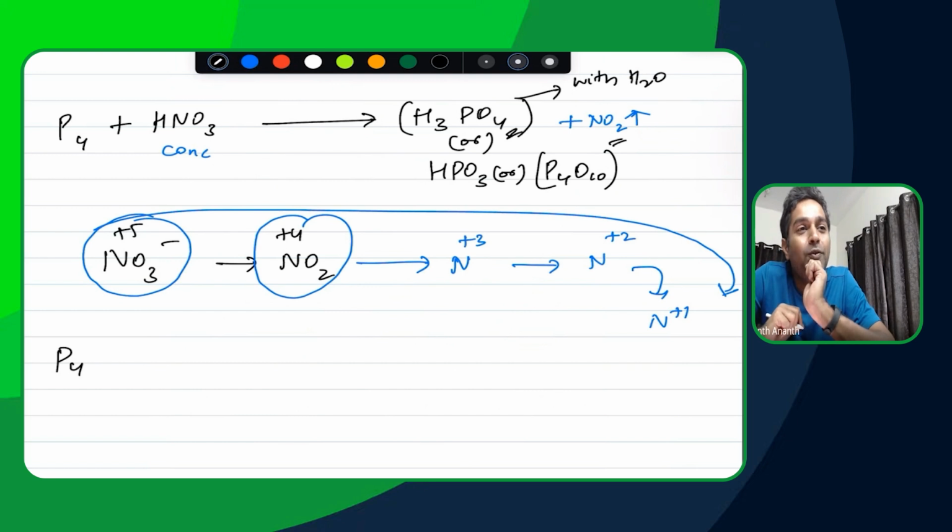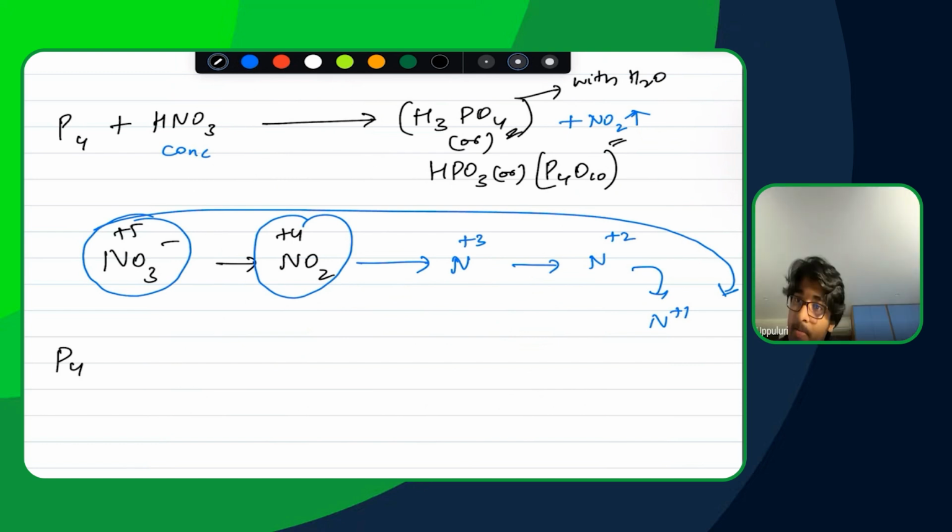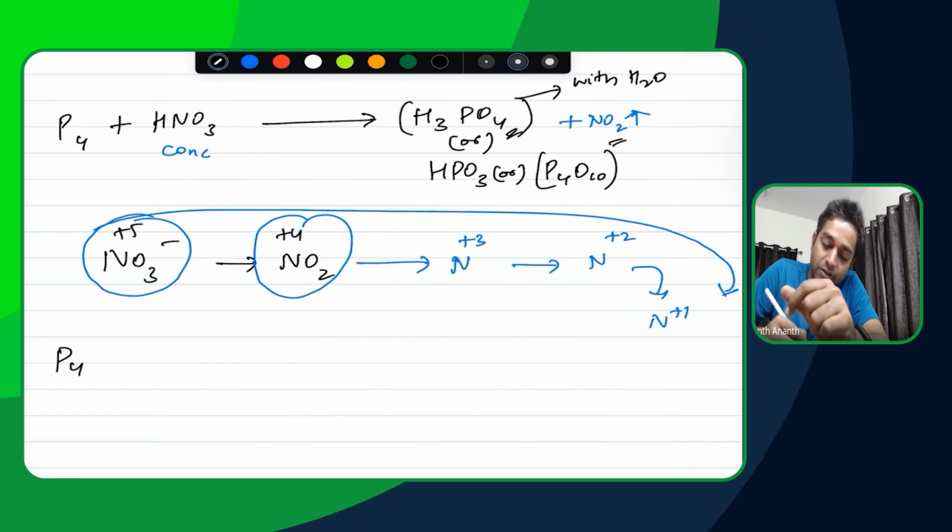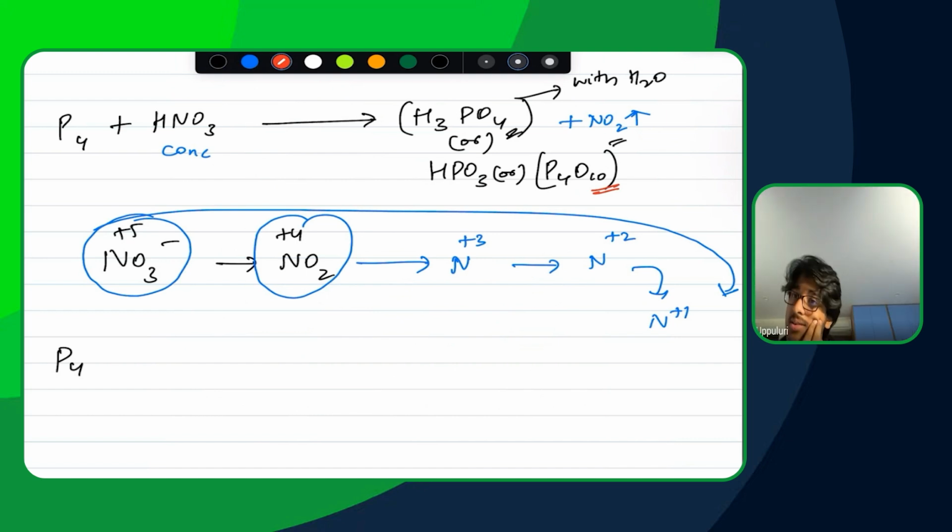There is a little bit of water, because when HNO3 acts as an oxidizing agent, it becomes NO2, oxygen gets removed, but you get a little bit of water from the nitric acid itself. So I don't have a chance to get P4O10. P4O10 is completely dry, no water, nothing like that. So I get this.